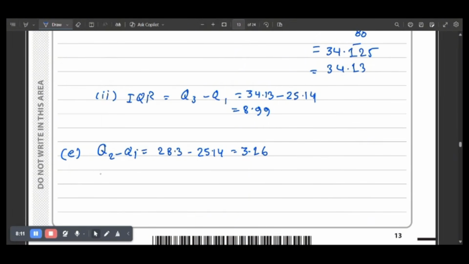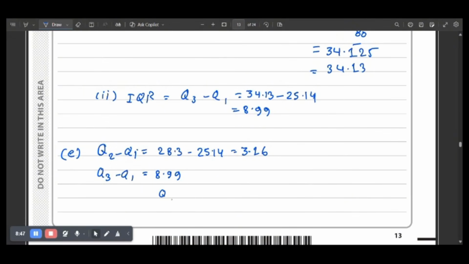And we already know that quarter 3 minus quarter 1 that we calculated before is 8.99. Thus we see that our median value is closer to quartile 1 than quartile 3. So we can say that the data is positively skewed.